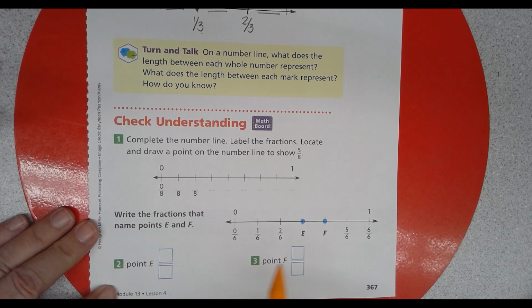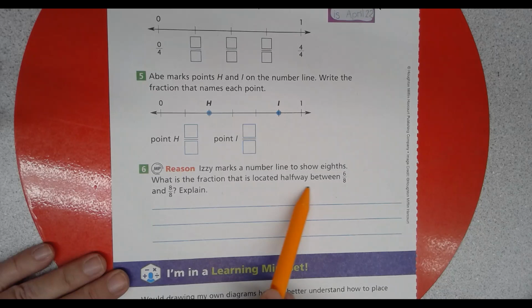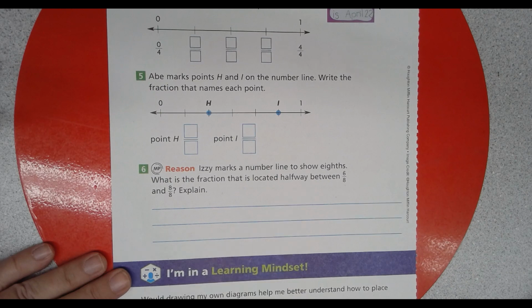You've got some number lines to finish and find some points on the number line, all that good stuff. Then on the back side, some same things, and you've got a word problem here. Now, you may need to draw a picture there and use one of those lines as a number line. Whenever I do it, I probably will do that, just so that I've got a visual, because I like visuals.